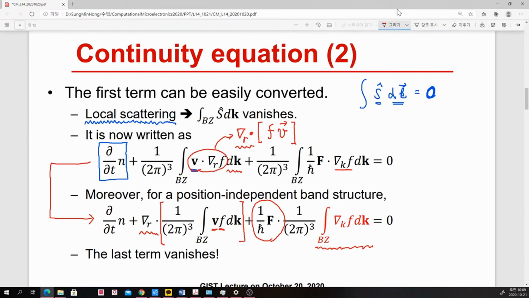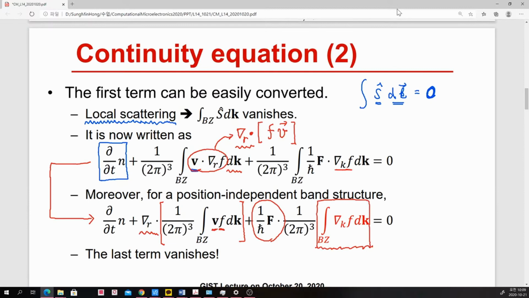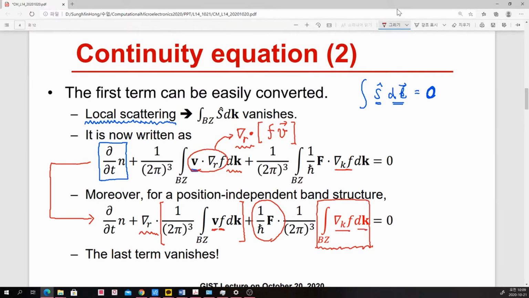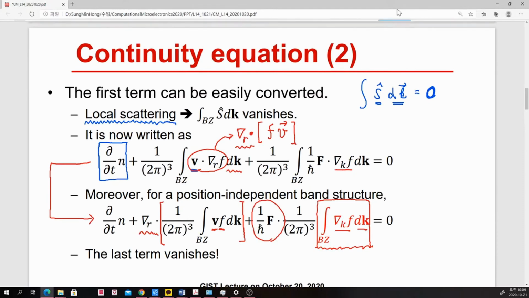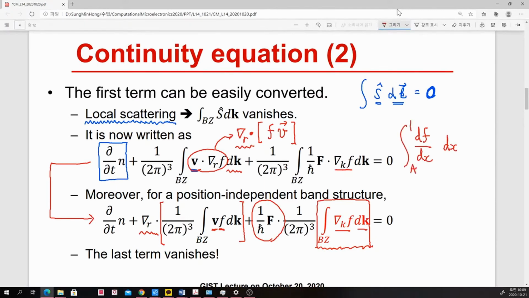Okay, so you know that this is nothing but taking a derivative and integrating with respect to the same variable. So what will happen if you have a similar thing? You have F and d over dx and integration from A to B. What is your result for this operation?